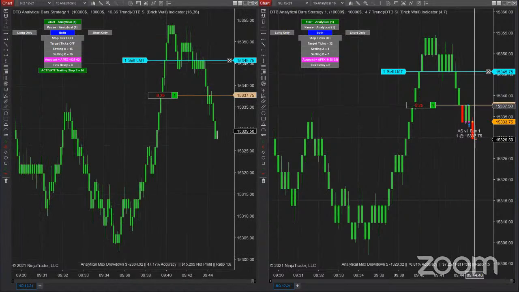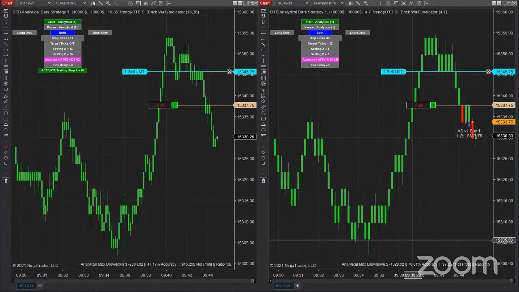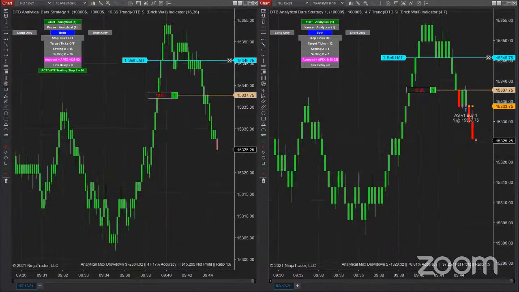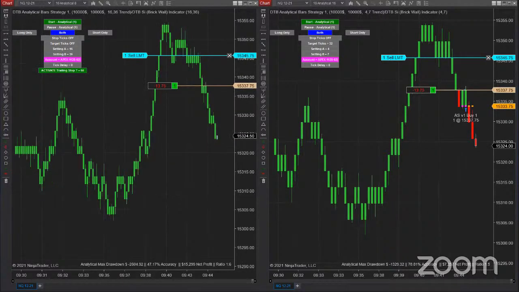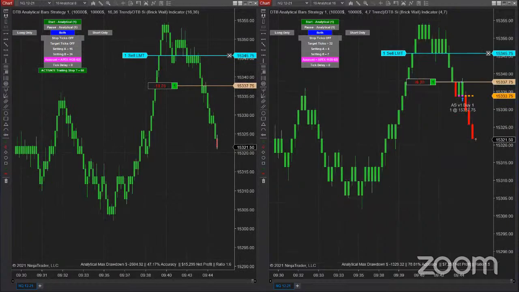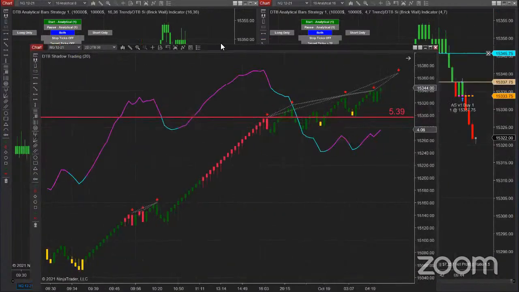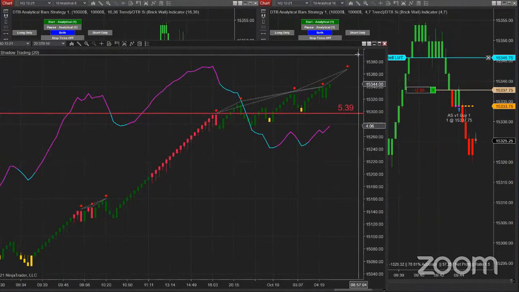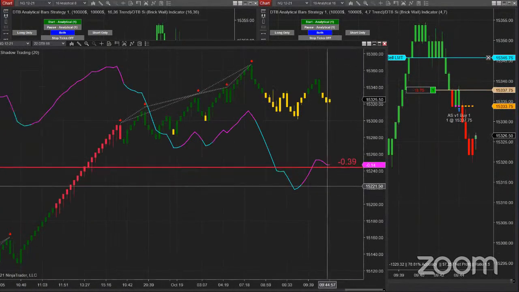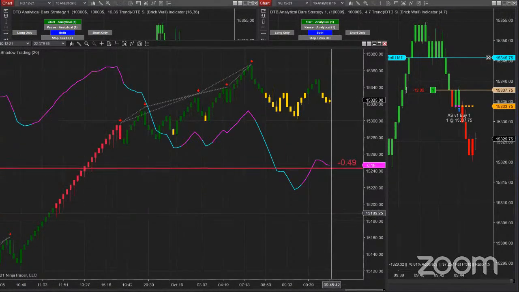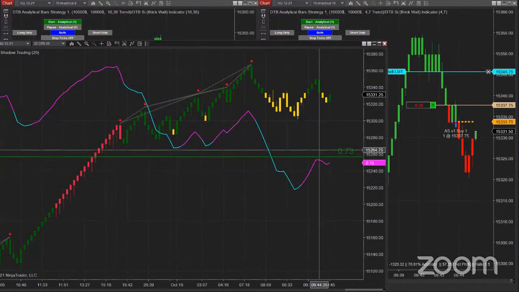It actually was a buy signal over there. Let's just see what that looks like on this chart. We've got a situation here.